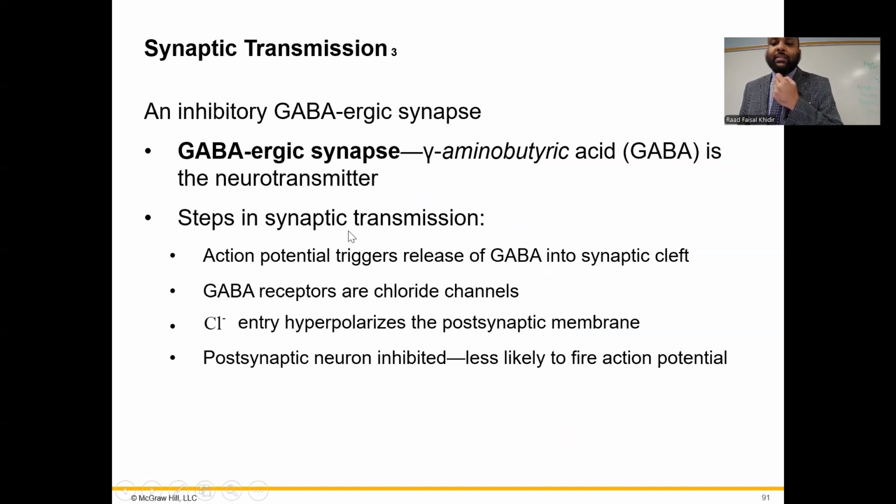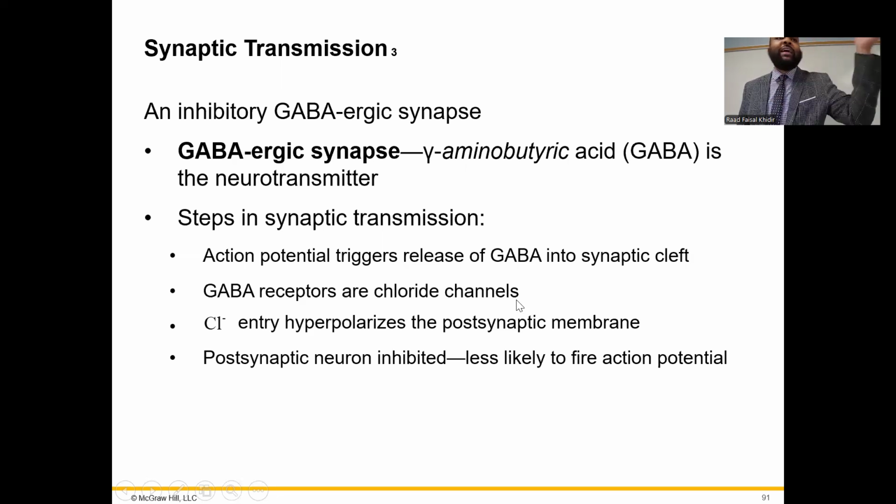The steps in the synaptic transmission of GABA are: you have an action potential that triggers the release of GABA into the synaptic cleft, and GABA receptors are chloride channels. So once GABA binds to the postsynaptic membrane, chloride entry hyperpolarizes it.